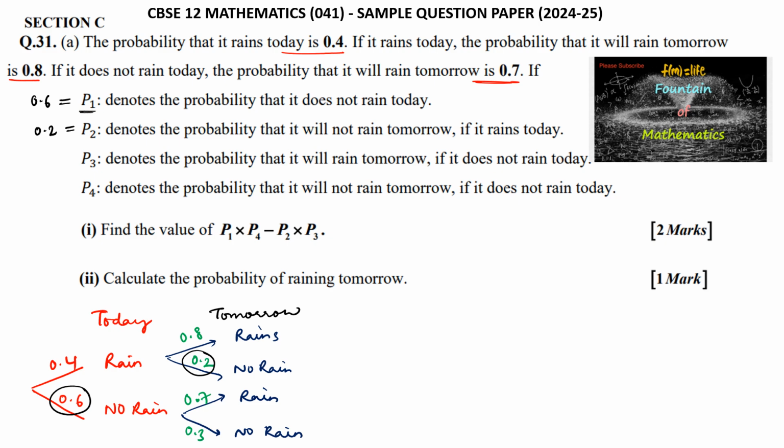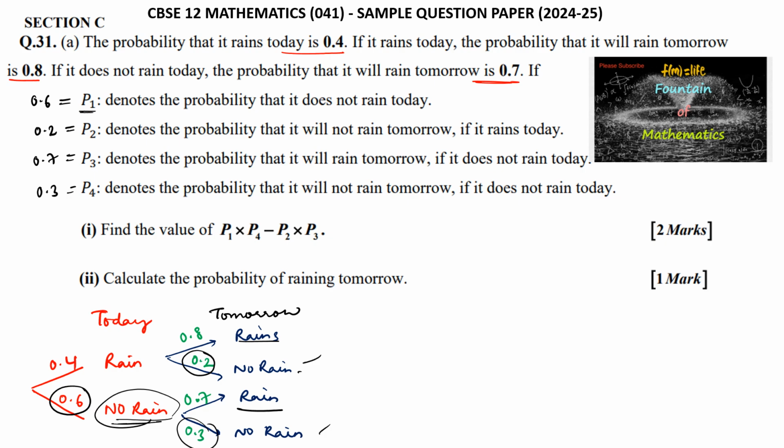P3 denotes the probability that it will rain tomorrow. Tomorrow there is rain either here or here. If it does not rain today, that is 0.7. So P3 is 0.7. And P4 denotes the probability that it will not rain tomorrow if it does not rain today, means 0.3. So P4 value is 0.3.